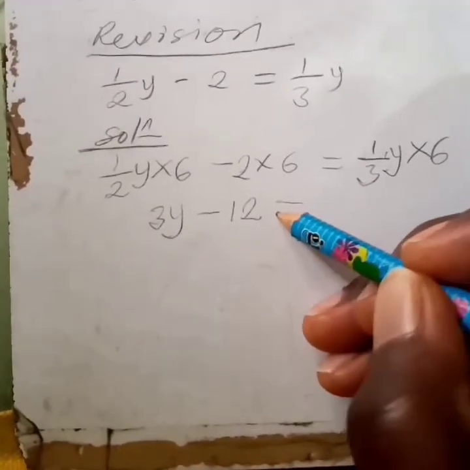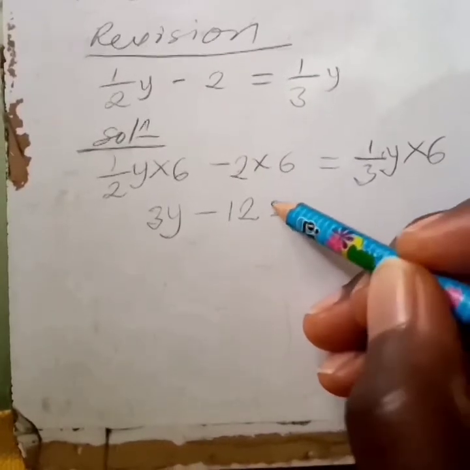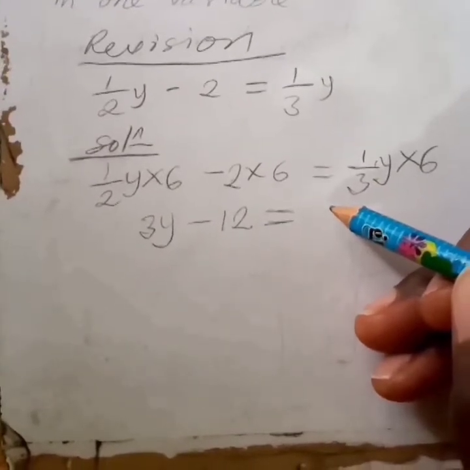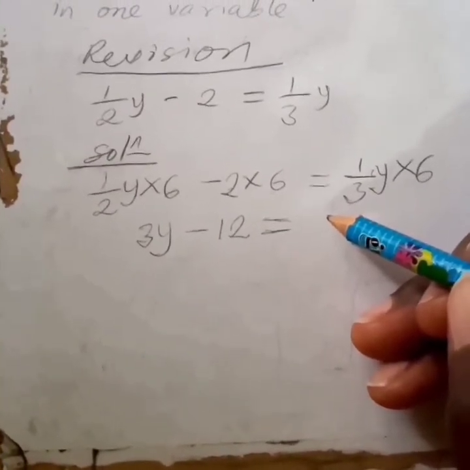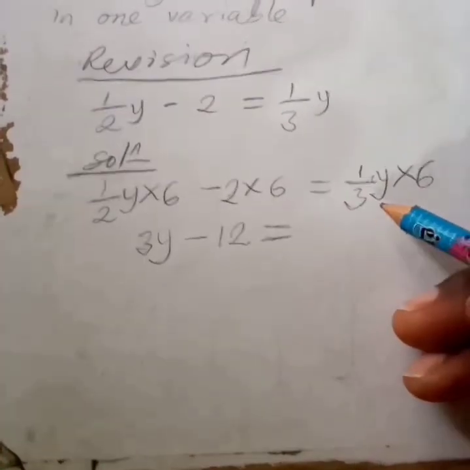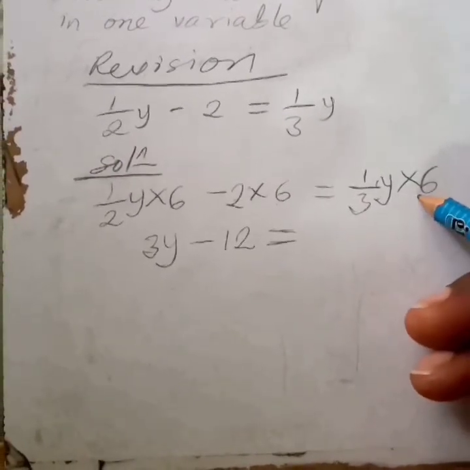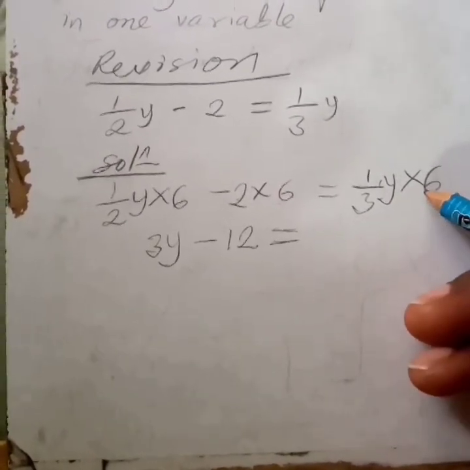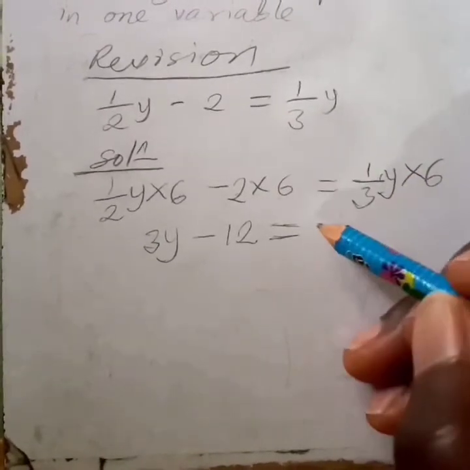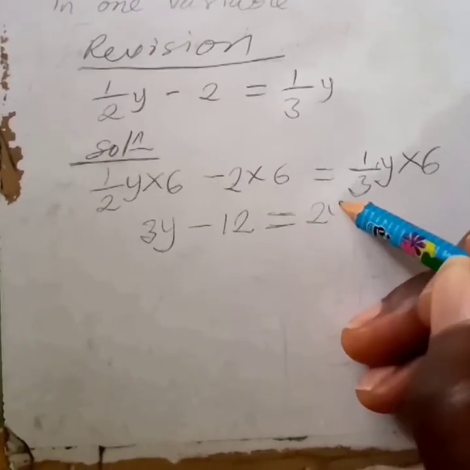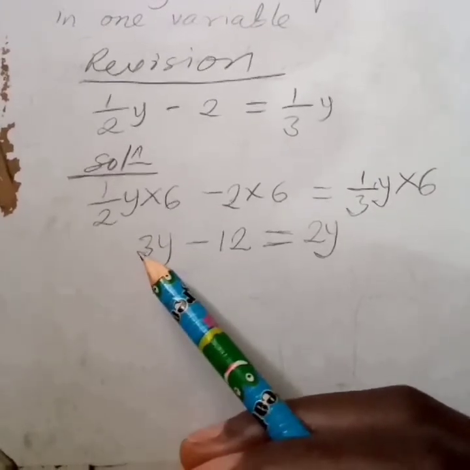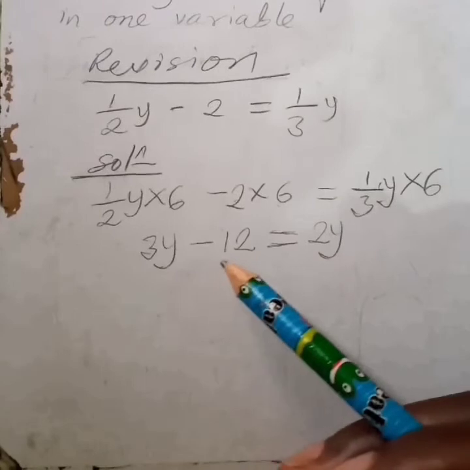Most students, when they are given equations to solve, usually forget the equation sign, which is bad. If you are like that, stop it. Then 3 times 6. A 3 goes into 6 two times, then the 2 will multiply y. So now we are not in fractional form again.